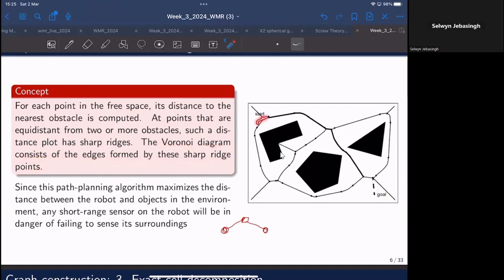So whatever ridges that you see on a Voronoi diagram, these are basically equidistant from all the objects that you see. Maybe this line is basically equidistant from these two walls. And this line is equidistant from these two corners of this obstacle. And what else can you say? Maybe this line could be equidistant from this and this.